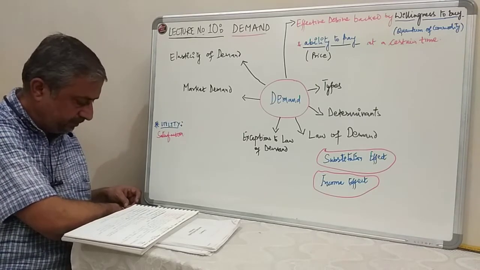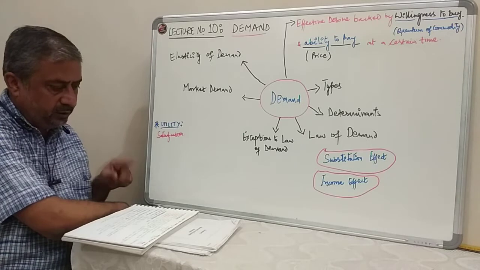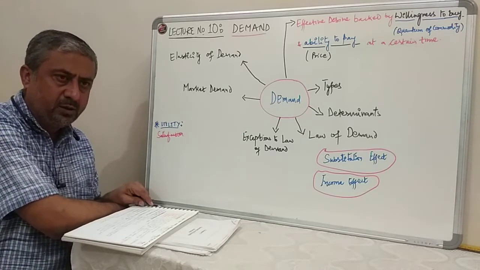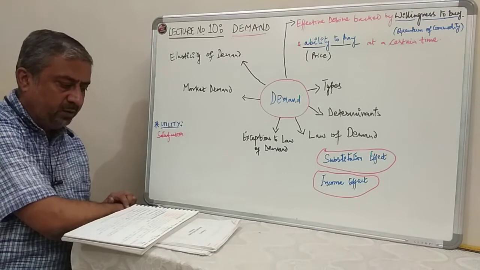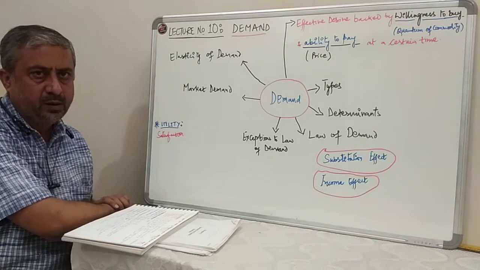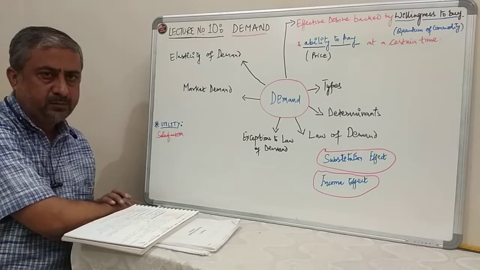Competing demand. Complementary demand is for goods that are jointly demanded. Competing demand is for substituting products. Substitute products.